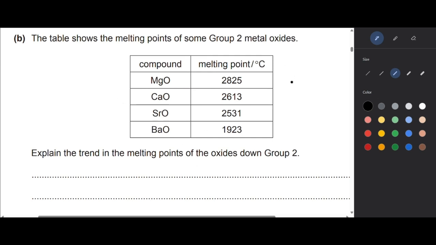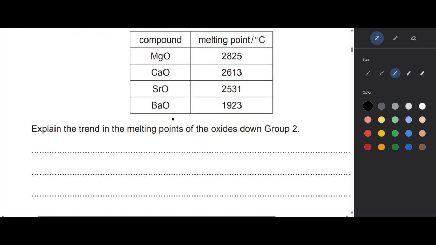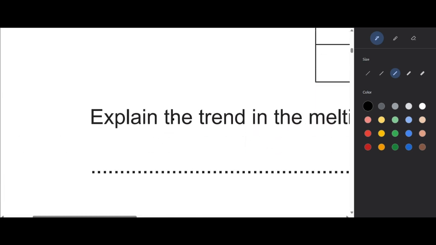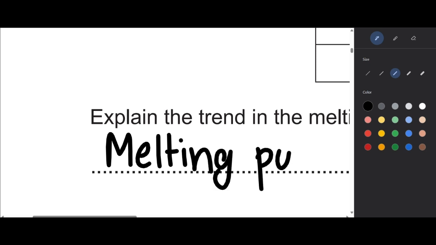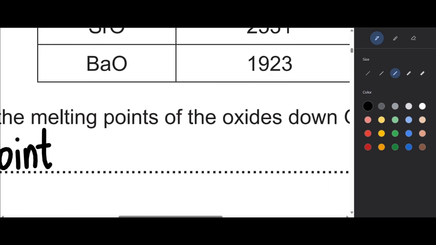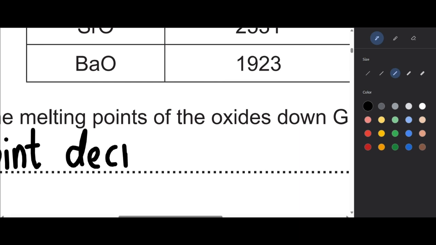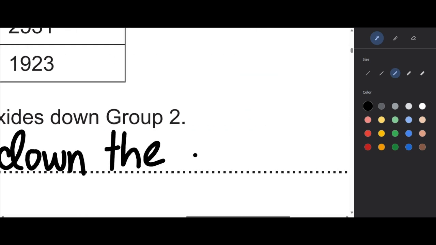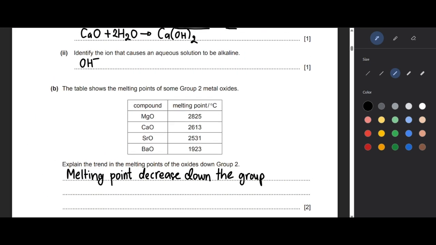In this table, they give the data for the melting points of MgO, CaO, SrO, and BaO. So the melting point decreases down the group.